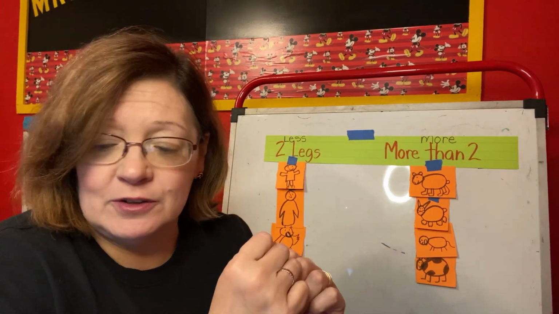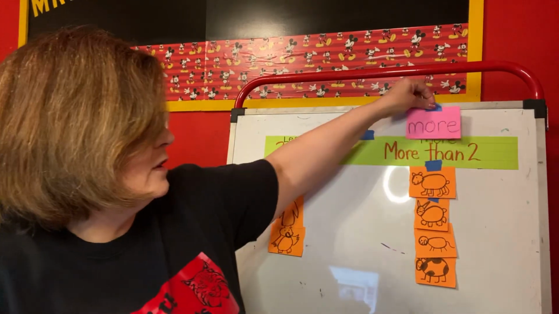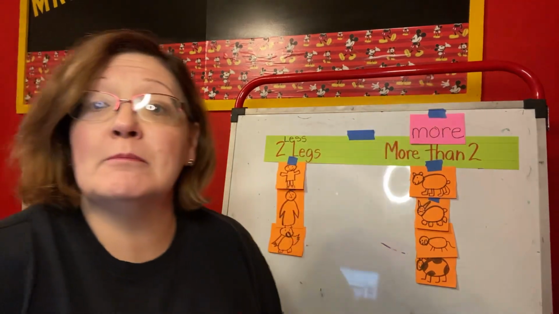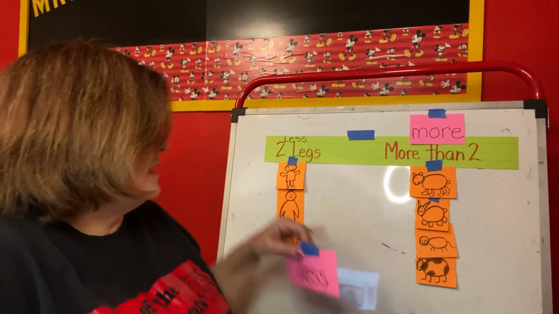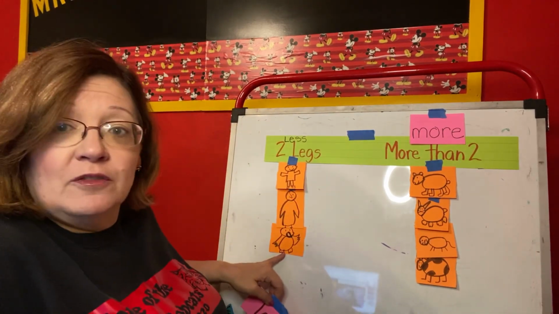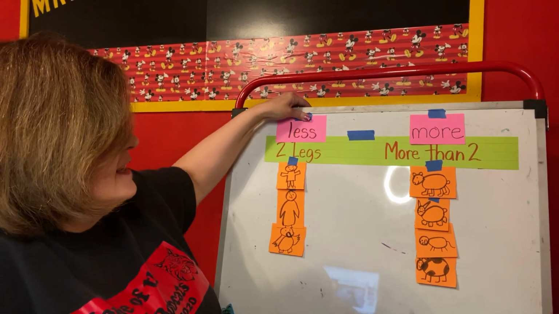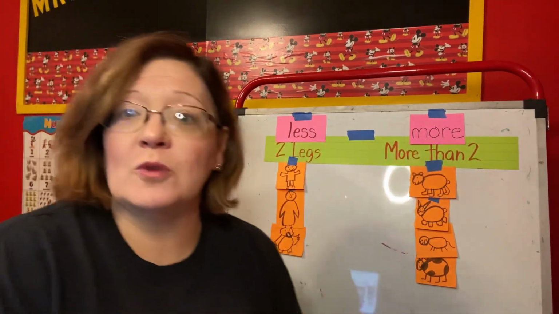So which one comes last on the number line? 4. So 4 is bigger. So 4 is more. It's more. There's more of them, okay? And so that means over here, the ones that have 2 legs, we have less than, okay? So we have less and we have more.